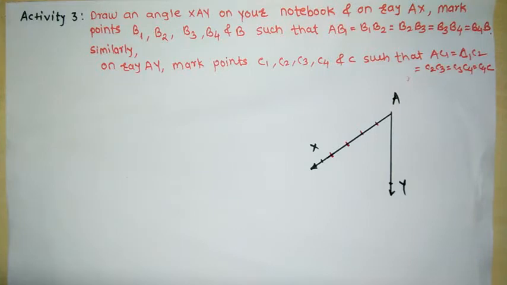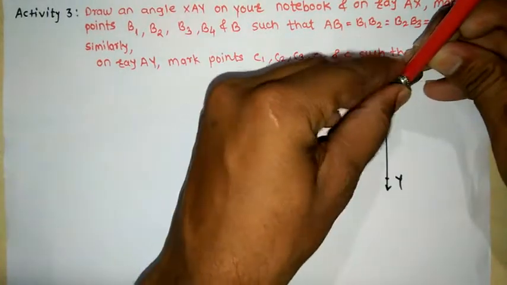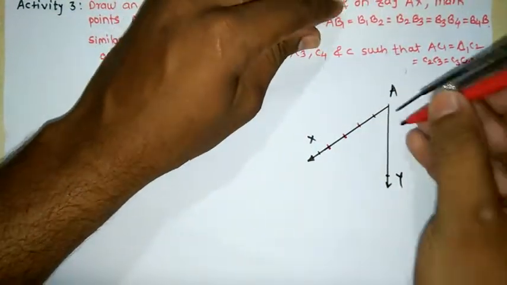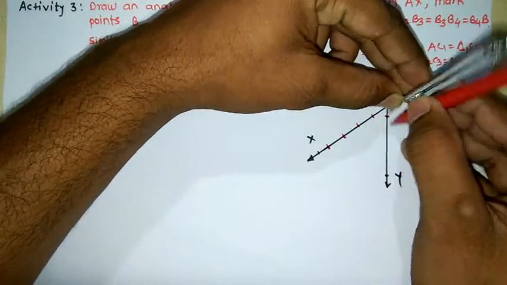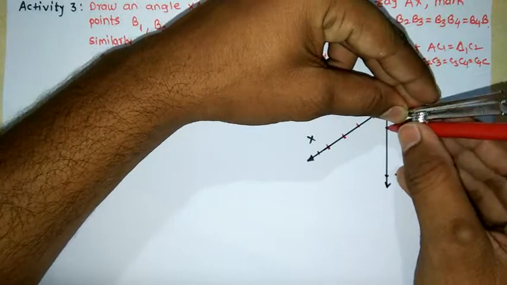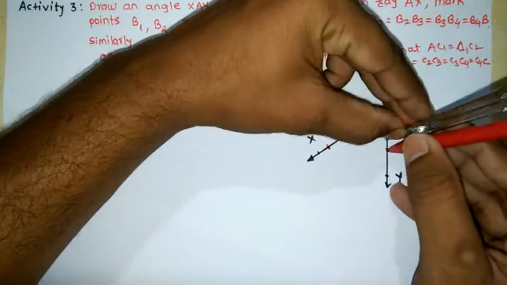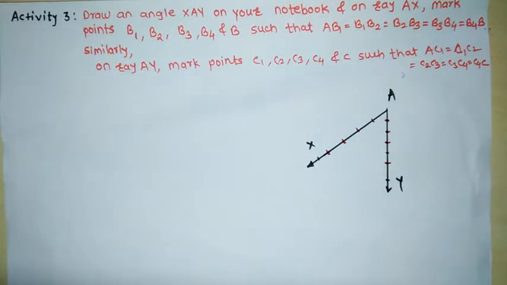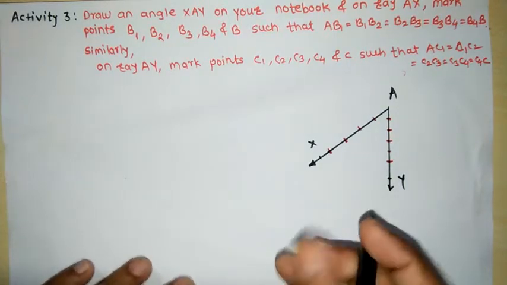Now similarly, take any distance in the compass and mark the points here. See here, on the arm AY also we have to mark 5 points: 1, 2, 3, 4 and this one is 5. Without changing the distance in the compass, we have to mark these points and name them.